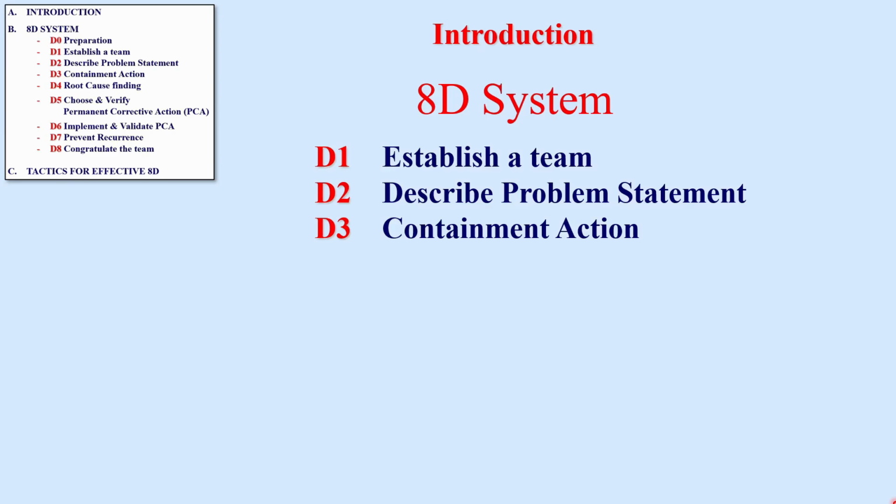The very first thing we need to do is protect our customers, preventing them from receiving further defective products. With containment action in place, this will buy us some time for D4, root cause finding. Generally, root cause investigation will take us some time.